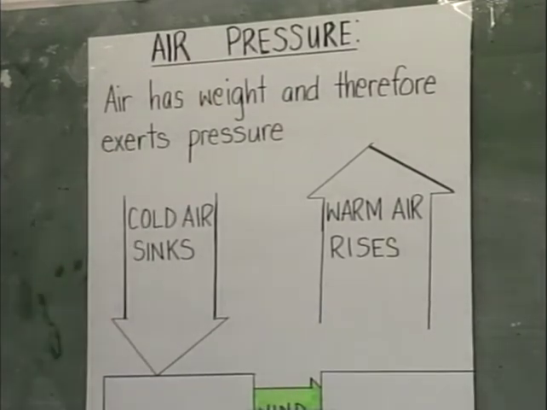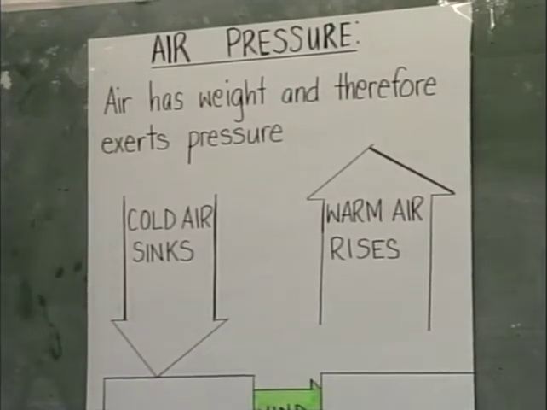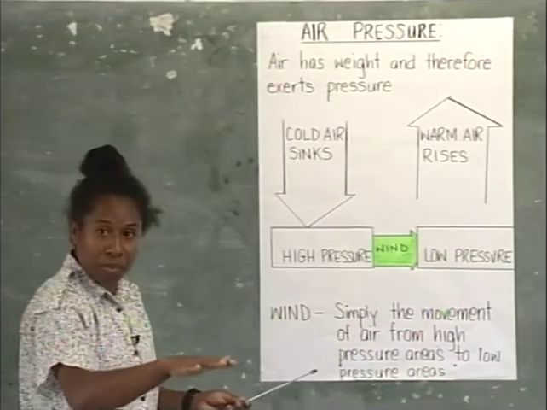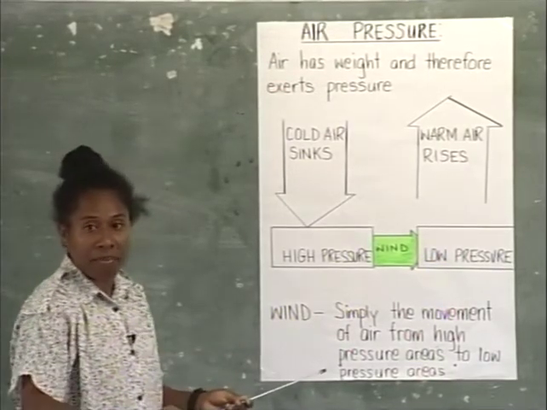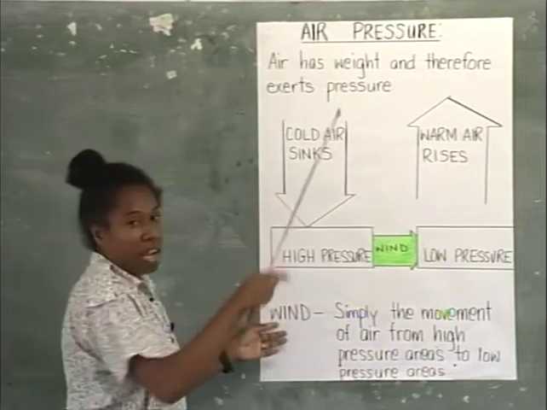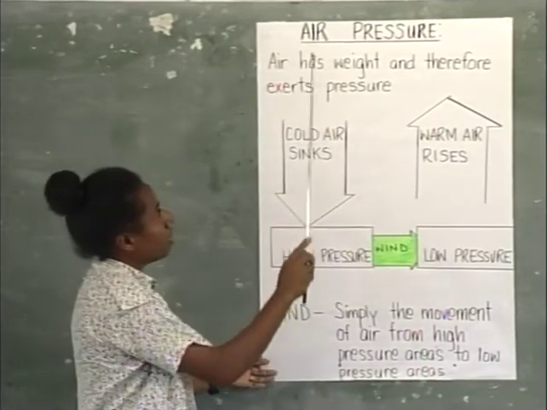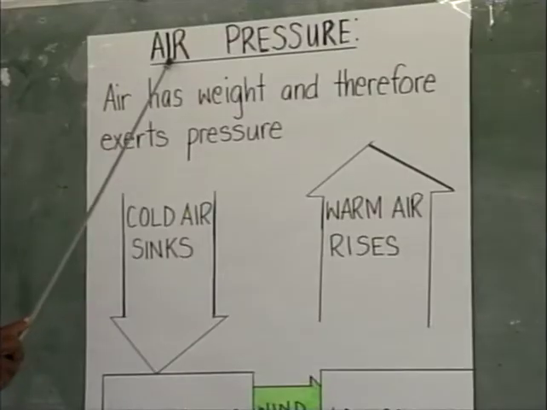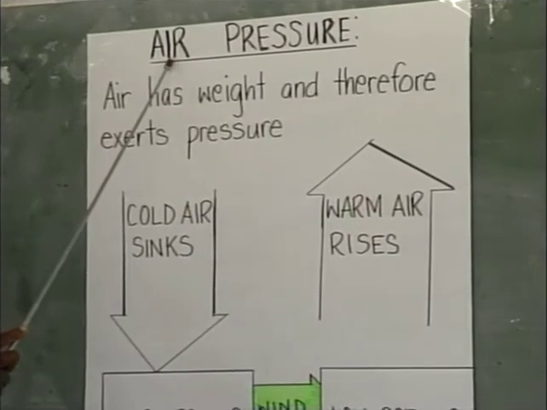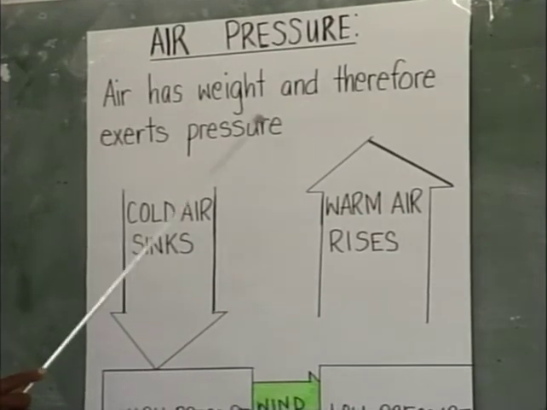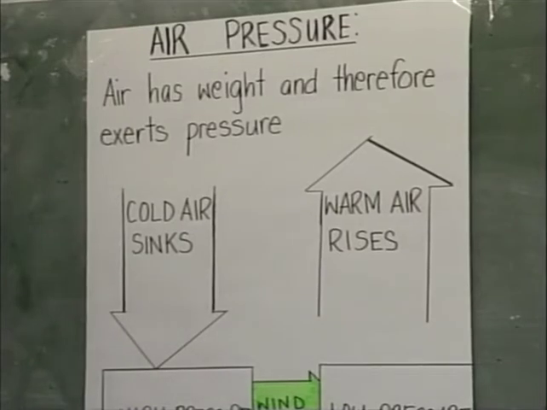If air is exerted on a particular area, it is applying pressure to that area, and we can describe that area as having high pressure or low pressure, depending on the weight of air exerted on it.